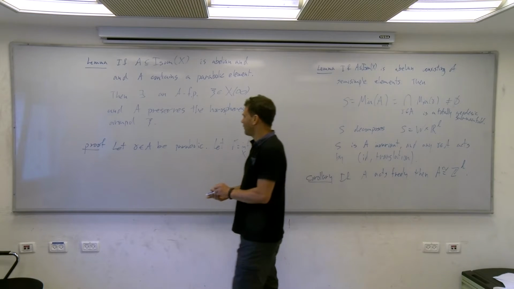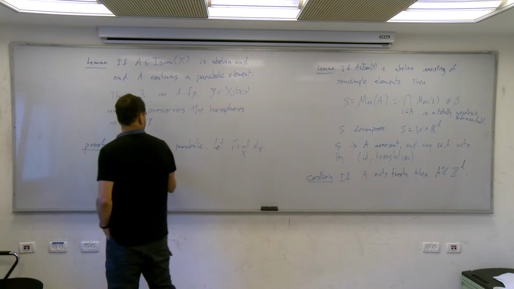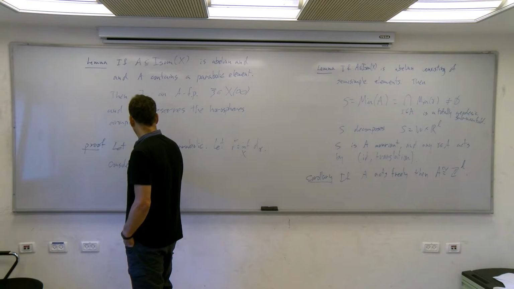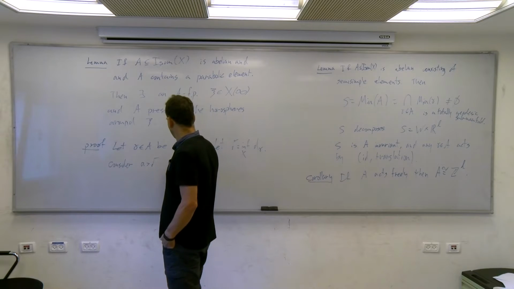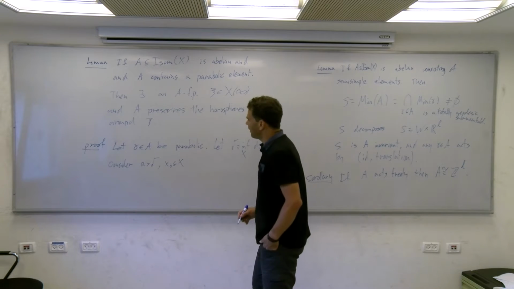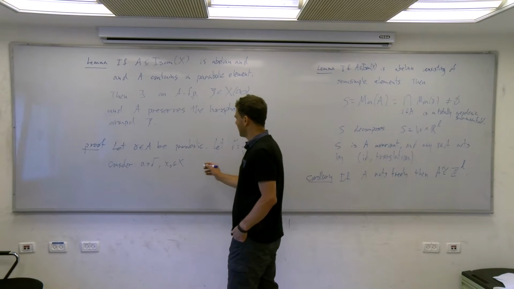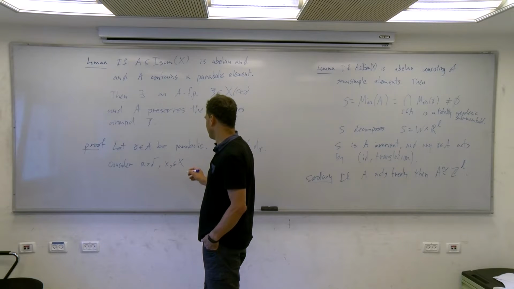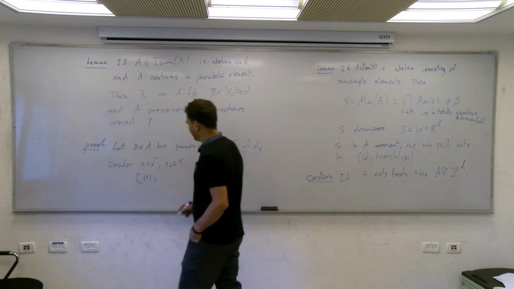And now consider a, which is bigger than delta, and for such a, fix some x0 in X, and look at the following function, f_a of x.